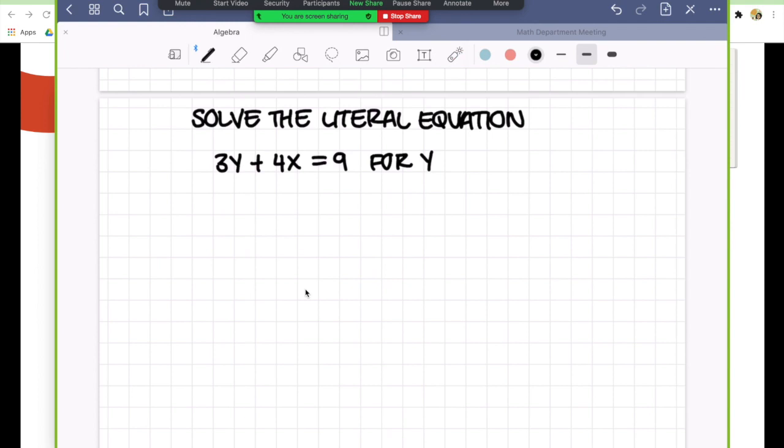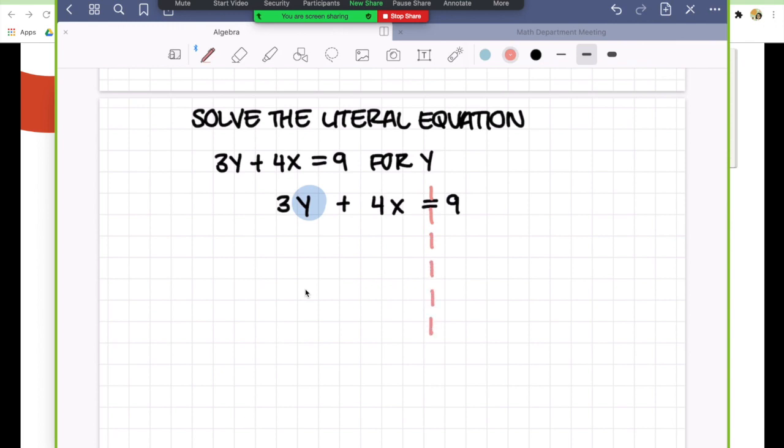So I'm going to write down the equation 3y plus 4x equals 9, and I'm going to highlight my y here. The reason why I want to highlight it is because I want to know what I need to move to the other side.